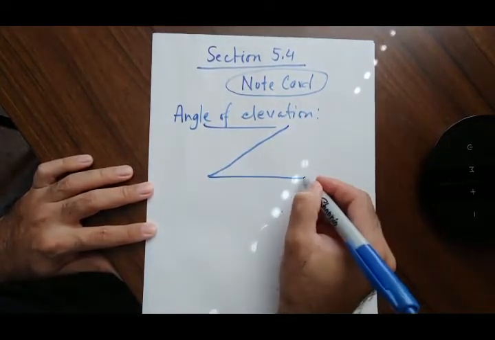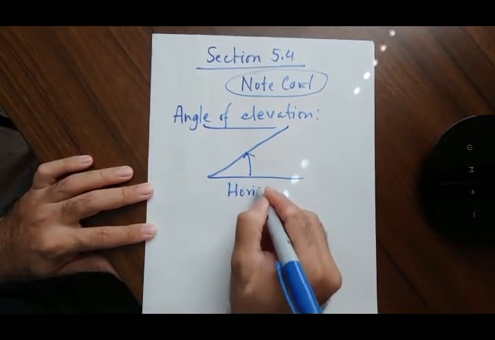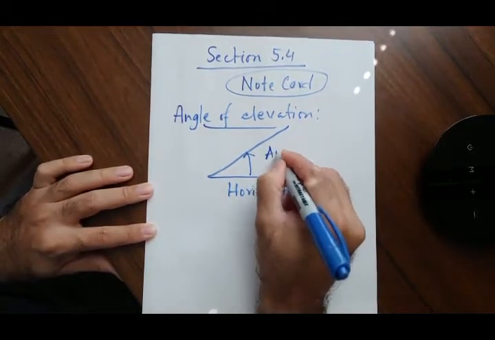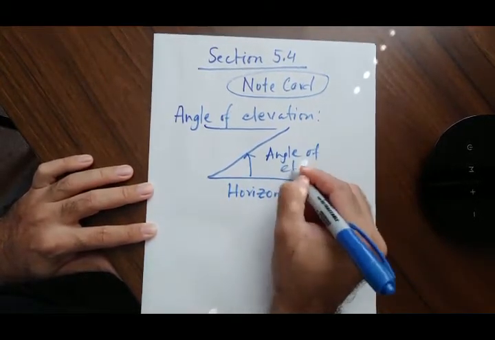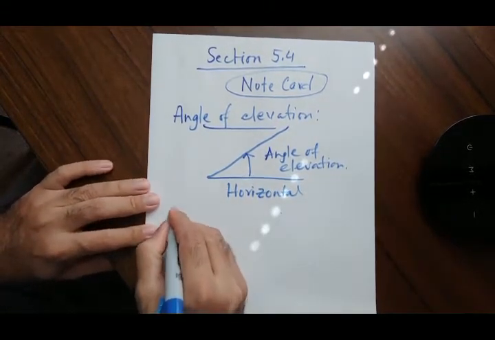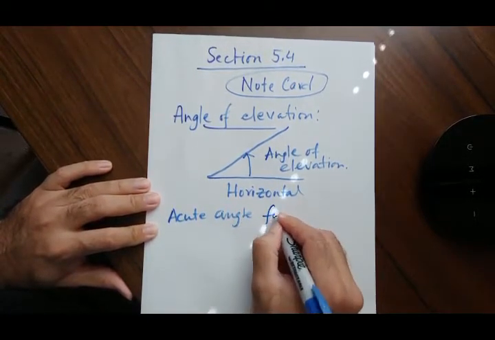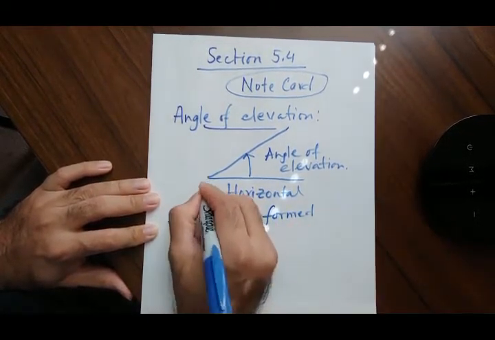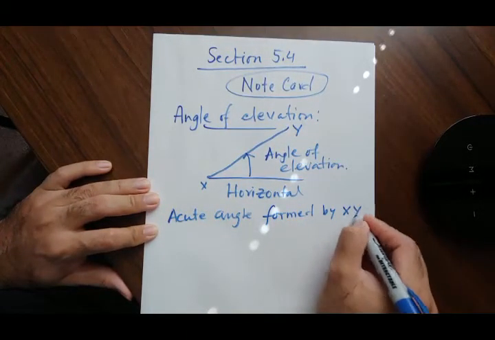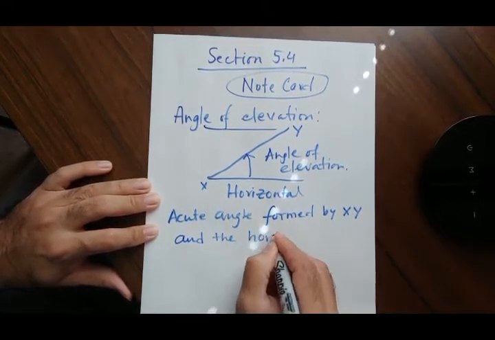The angle of elevation is the angle it's making with the horizontal. So with the horizontal line here, whatever angle it's making, that's called the angle of elevation. So this is the acute angle formed, and if I denote this by xy, formed by xy and the horizontal.